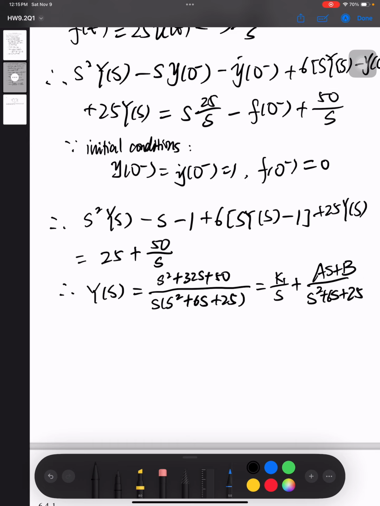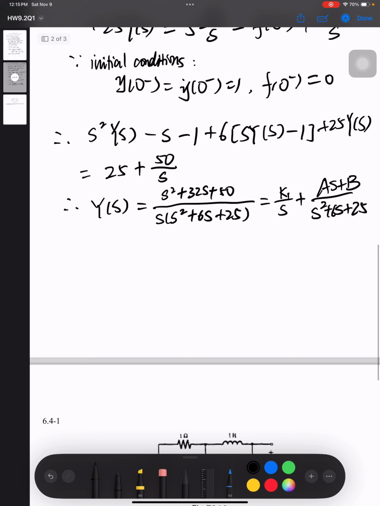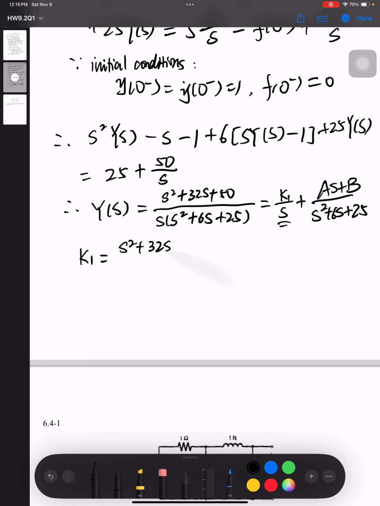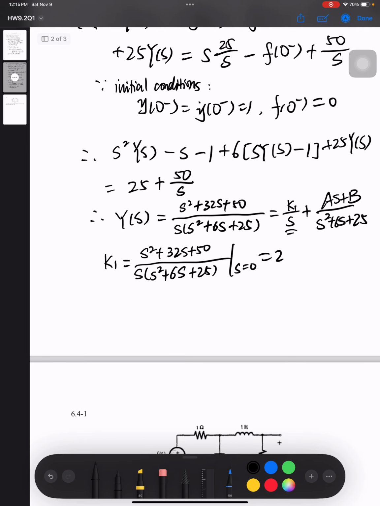And for this part, we use the cover-up method. We can get k1 equals s squared plus 22s plus 50 over s squared plus 6s plus 25, at s equals 0, right? And then this equals 2.